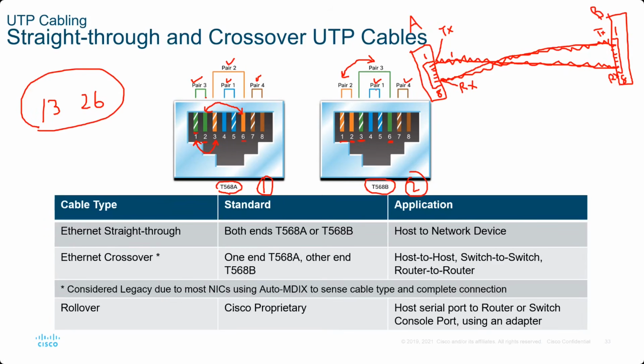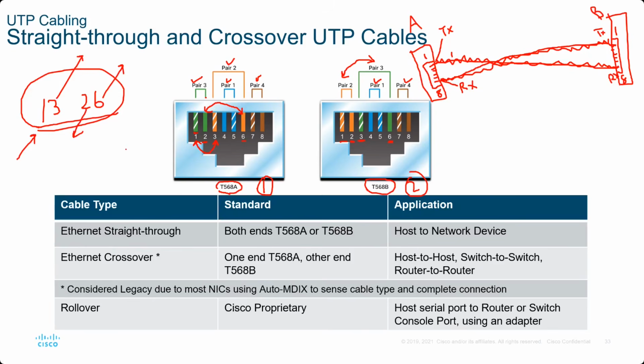And the actual numbers that we need to connect are these ones. If I'm sending something on pin number 1, the other computer must receive it on pin number 3. If I'm sending something on pin number 2, the other computer must receive it on pin number 6.